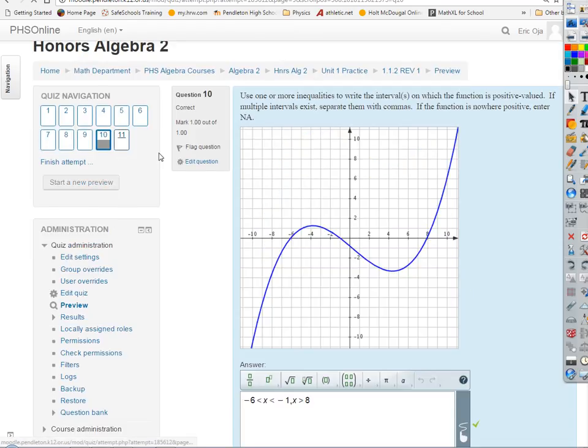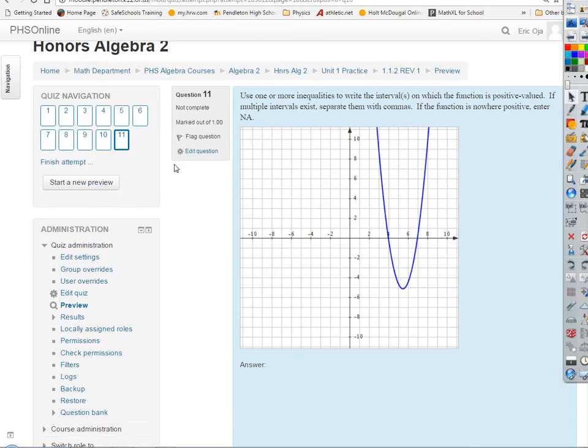Last one. Positive valued. In this case, there are two intervals where the function is above the x-axis. All x values to the left of 4: if we move to the left of 4, notice that the function is above the x-axis. If we move to the right of 7, the function is also above the x-axis.